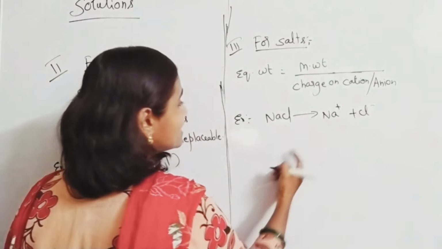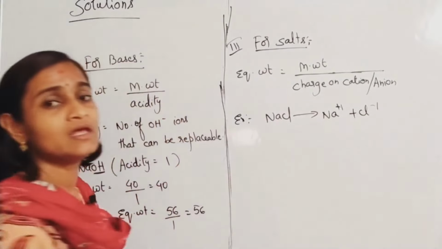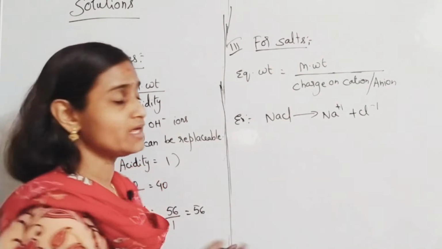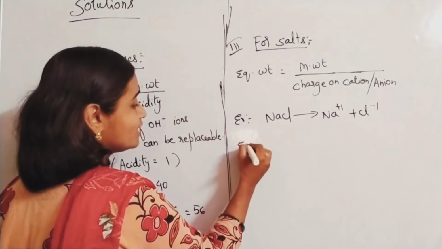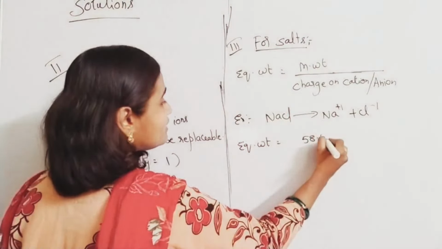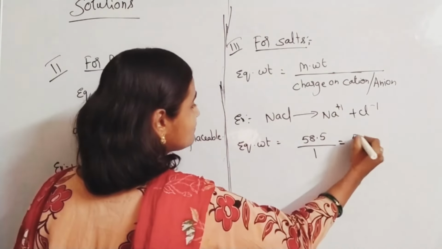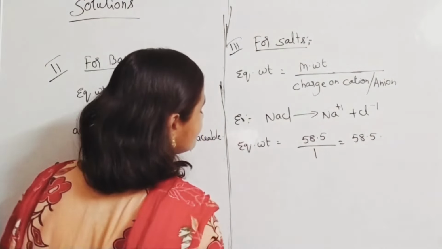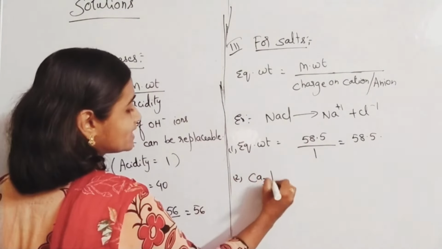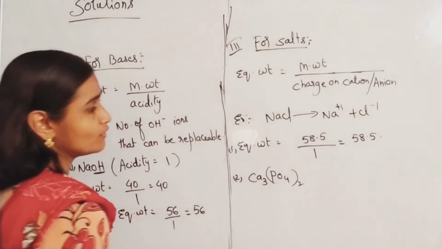Na+ Cl-. అంటే ఇక్కడ ఛార్జ్ ఎంత ఉంది? +1 కానీ -1 కానీ. ఛార్జ్ ఆన్ ఎయిదర్ క్యాటయాన్ ఆర్ యానయాన్ ఏదైనా తీసుకోవచ్చు. ఓకే, సో మాలిక్యులర్ ఈక్వివలెంట్ వెయిట్ ఆఫ్ NaCl ఎంత వస్తుంది నాన్న? మాలిక్యులర్ వెయిట్ ఏమో 58.5 డివైడెడ్ బై చార్జ్ ఎంత ఉంది, 58.5/1. సో 58.5 ఓన్లీ.